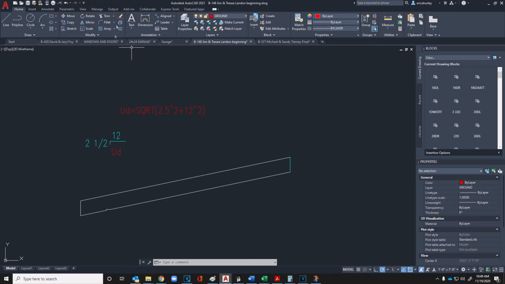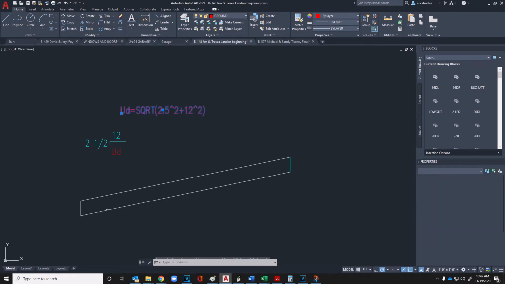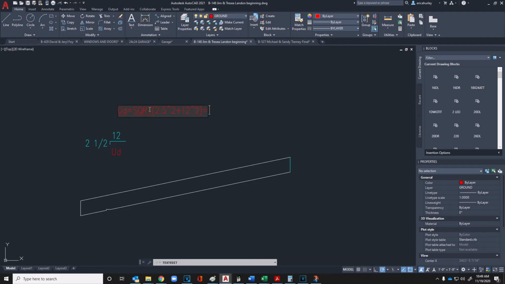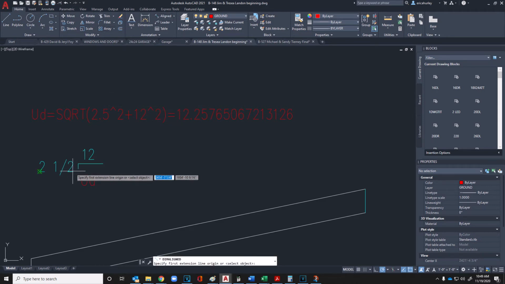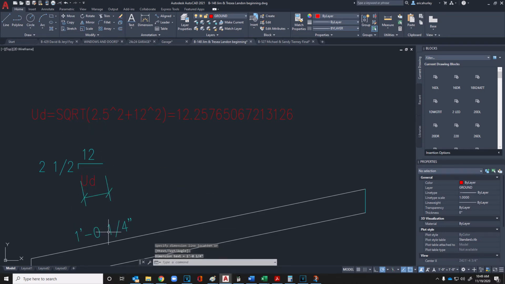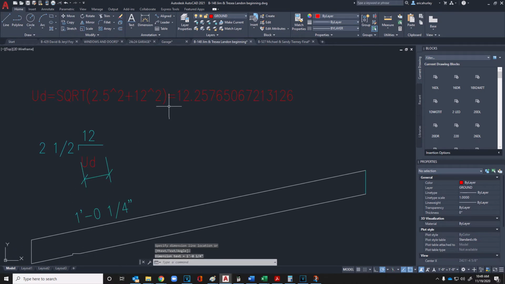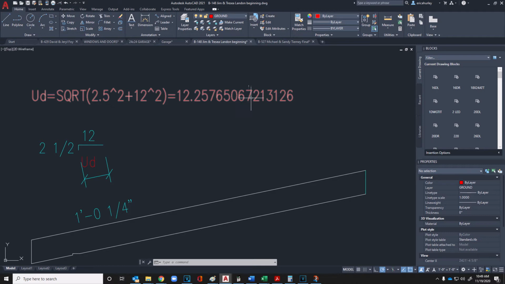All right, so this is a long, long number here, and I'm just going to do this, which is equal to that big long number there. So if I were to measure this here, I end up with that number. Now let's see how closely. You can obviously already see that 12.25 is in there, even though this is rounded off.